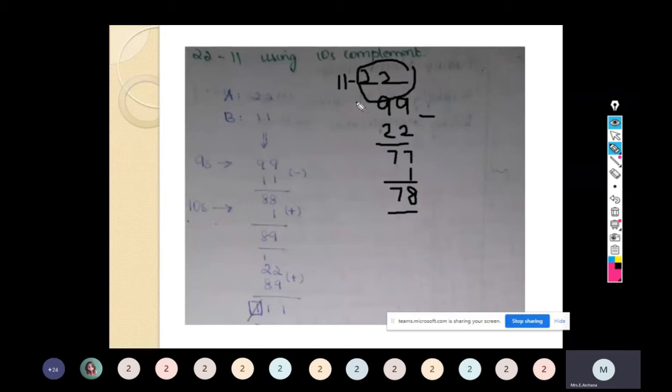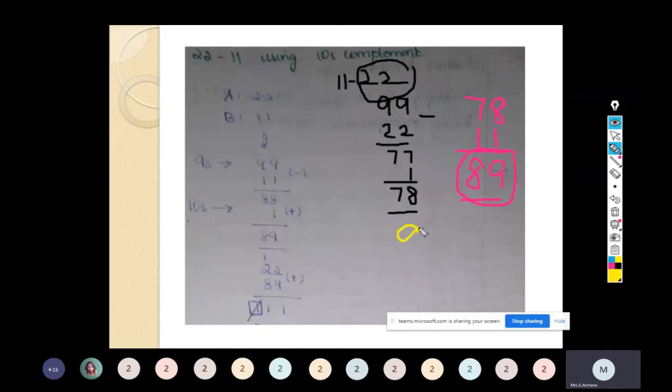Next step, add the result with A. So 78 is added with A. What is A here? 11. 8 plus 1 is 9, 7 plus 1 is 8. The result is 89, and there is no carry. If there is no carry, what is step 4? We take tens complement for the obtained result.